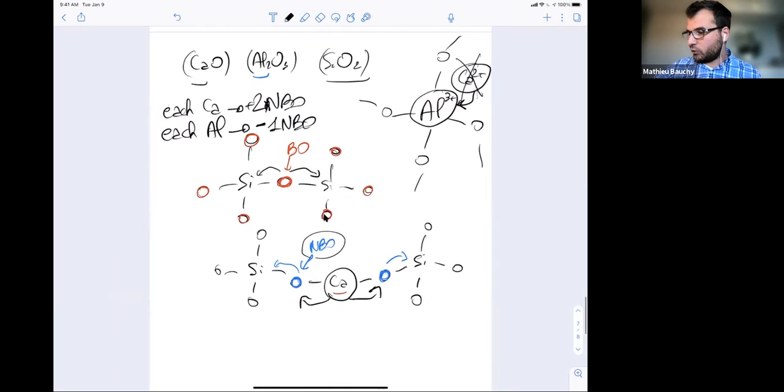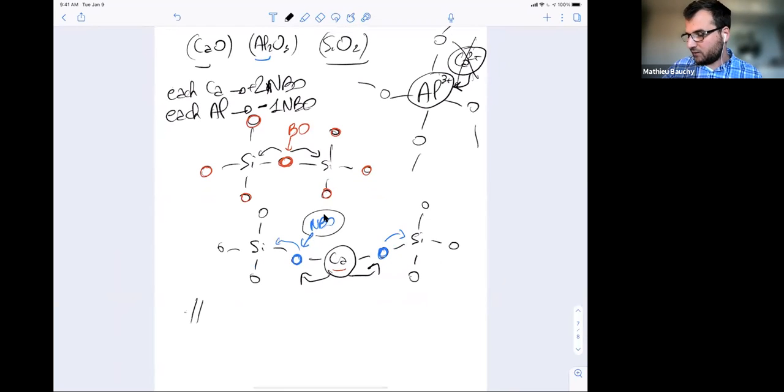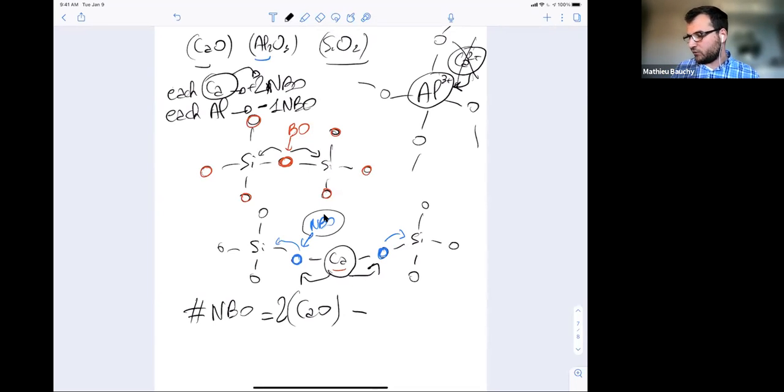So based on this, a useful feature that you can calculate is how many non-bridging oxygen you have. This number of non-bridging oxygen is given by how much calcium you have. Since each calcium creates 2 non-bridging oxygen, you need to add a factor 2 here.